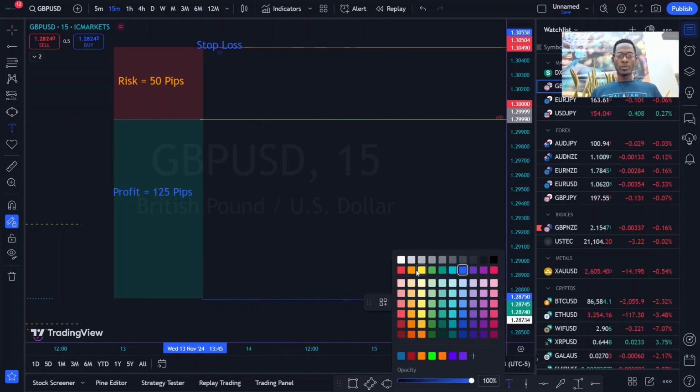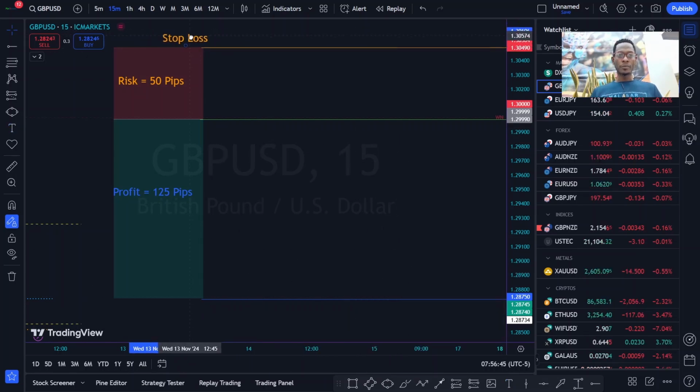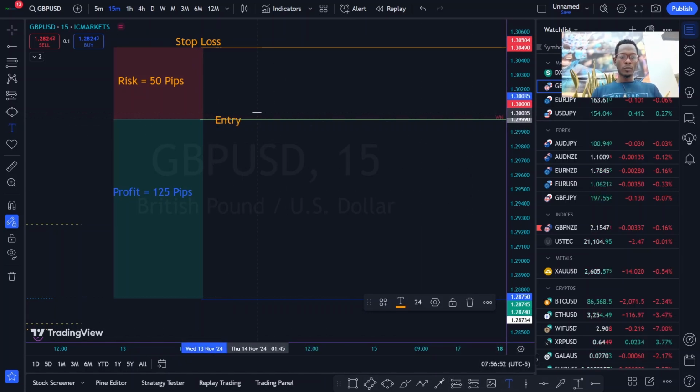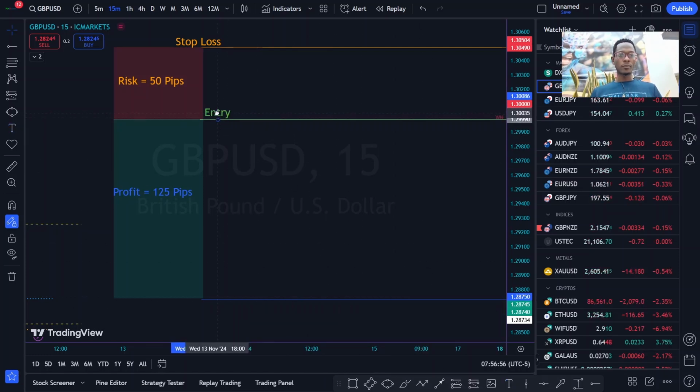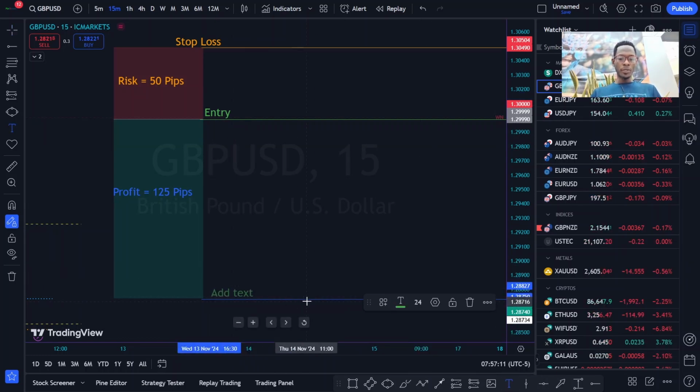We will change this to orange. We will put here as our entry. We will change this to green. And then here we will put our profit. Our target profit, and we shall change this to blue.